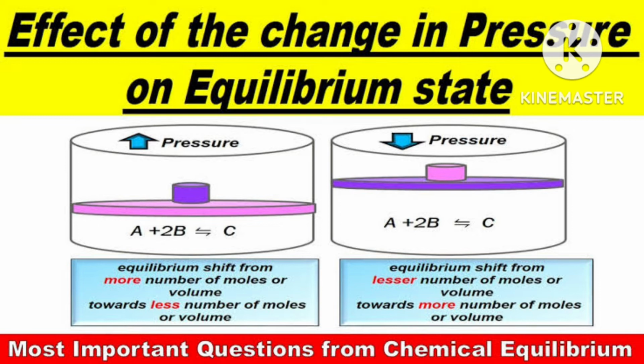If the volume is kept constant and an inert gas such as argon is added, which does not take part in the reaction, the equilibrium remains undisturbed. There will be no change in equilibrium. It is because the addition of an inert gas at constant volume does not change the partial pressure or the molar concentration of the substances involved in the reaction.